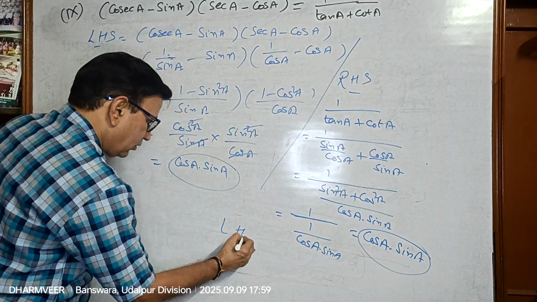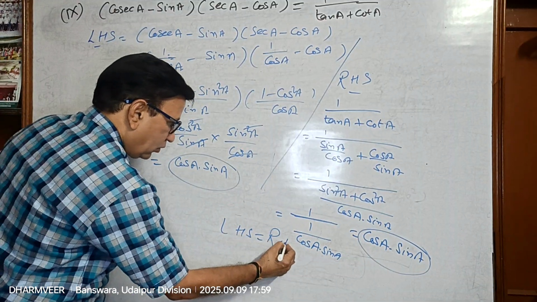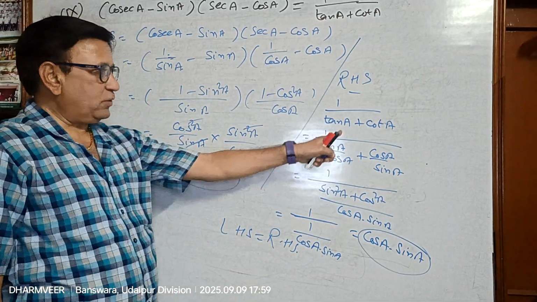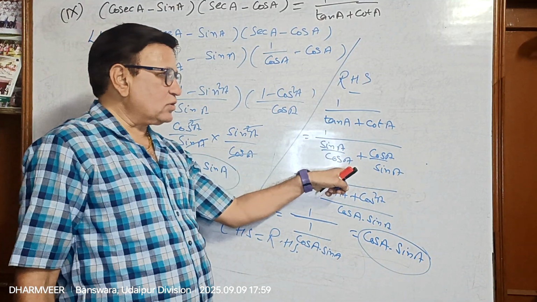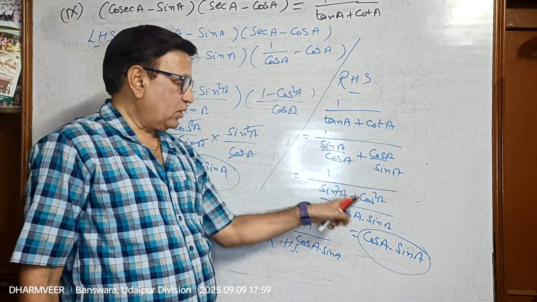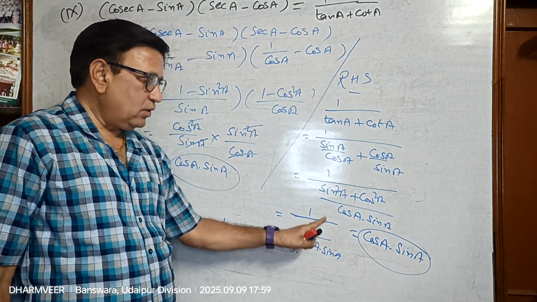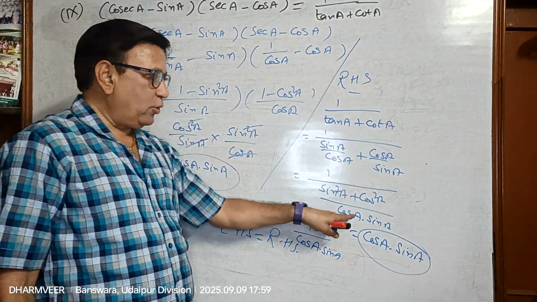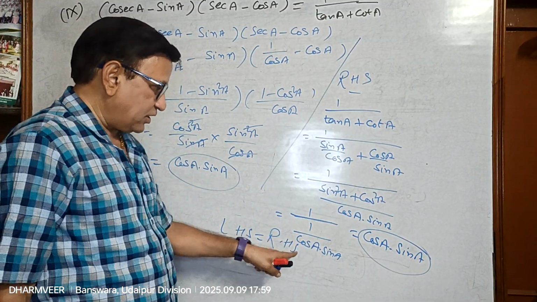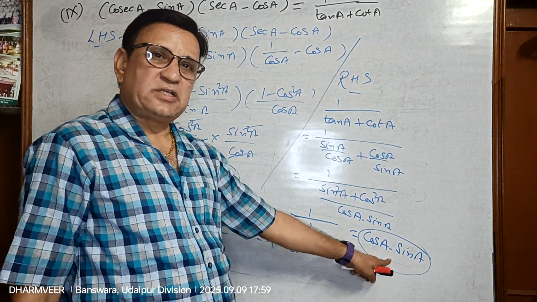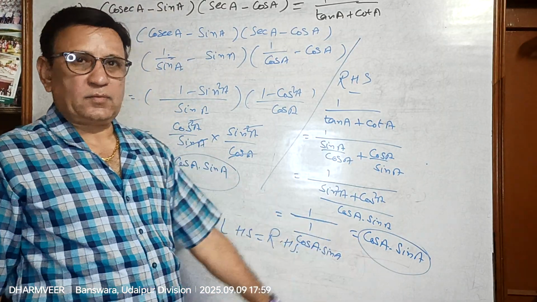So LHS equal to RHS. Here we have to change tan to sin upon cos, cot to cos upon sin. Then LCM sin square into cos square a. Sin square plus cos square is 1. Then dividing the denominator in the fraction, it becomes cos a into sin a.